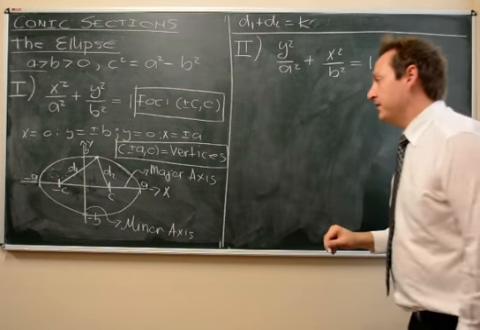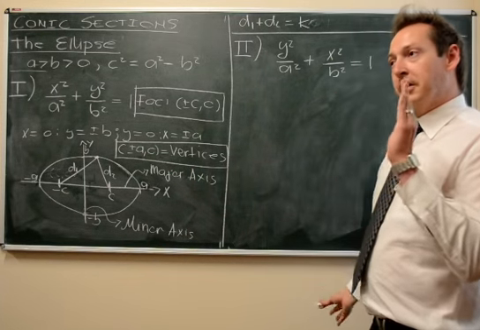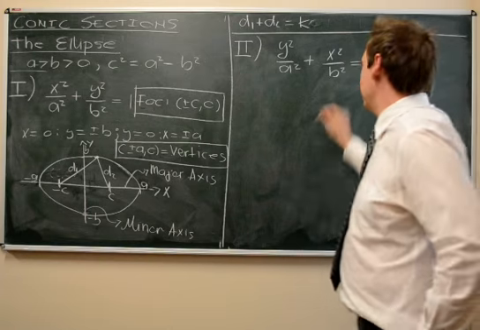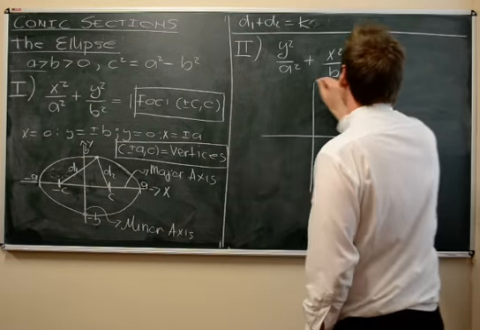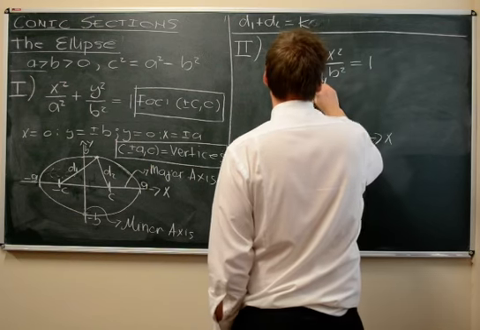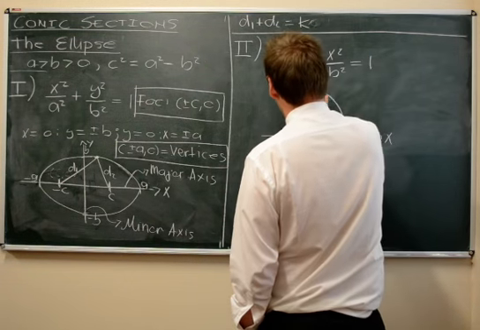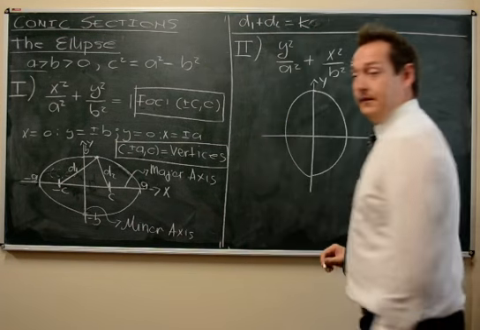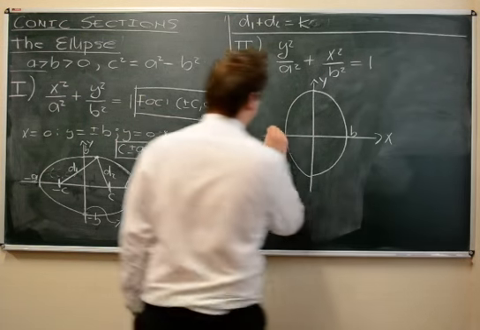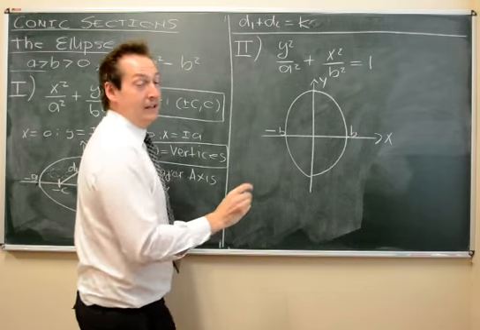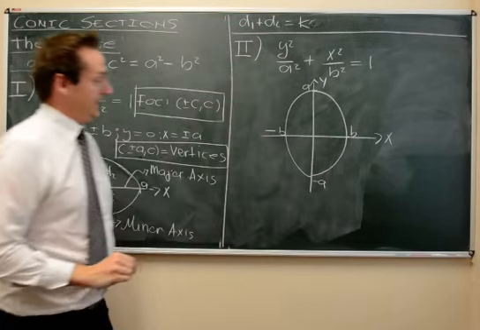Now you see what's going to happen is this picture is just going to rotate through 90 degrees. So now the x-intercepts will be at b and minus b, the y-intercepts at a and minus a.